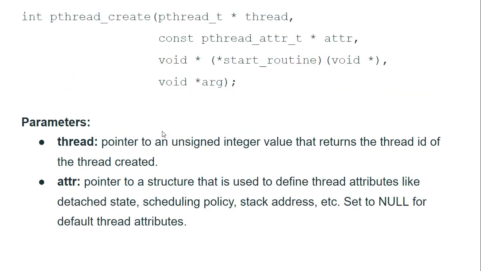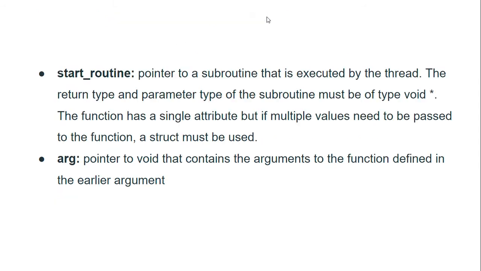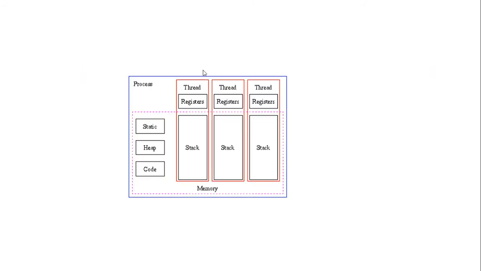Here I have shown you pthread_t. This is the thread ID. Whenever you call pthread_create, it assigns a thread ID here. This thread ID we can use in other functions to control the threads.